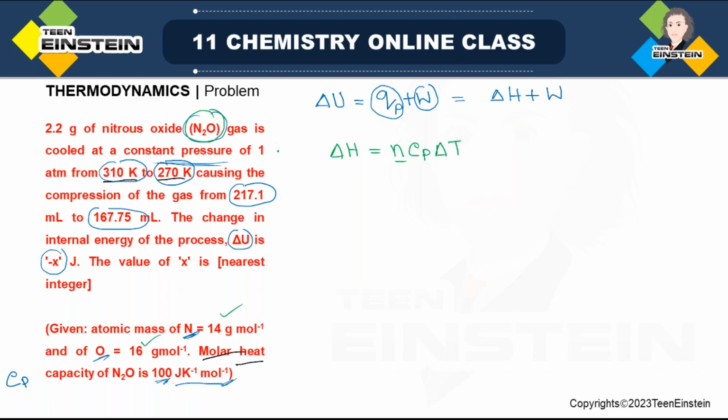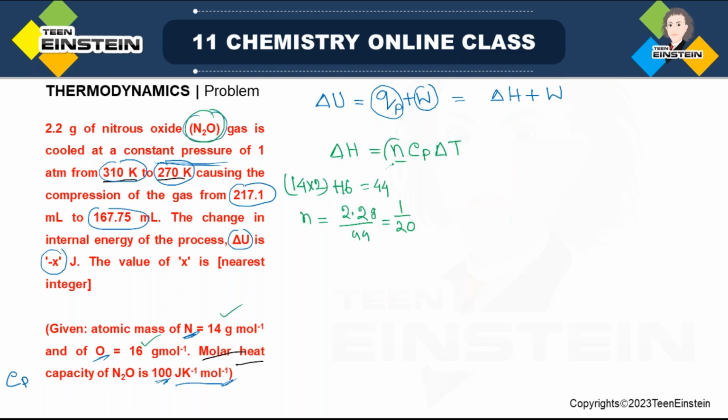So N2O, 2 nitrogen, that means 14 into 2 plus 16. So this is actually 44. So number of moles will be given mass 2.2 gram divided by molar mass, and that is actually equal to 1/20.